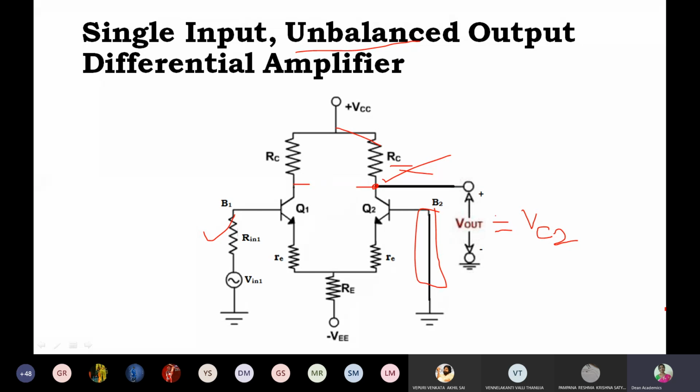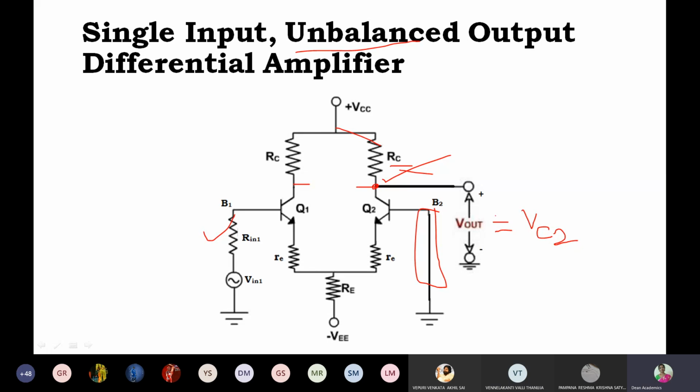What is IE2? IE2 expression is V in 1 by 2 RE.